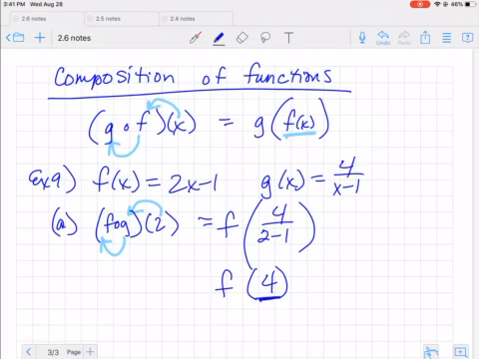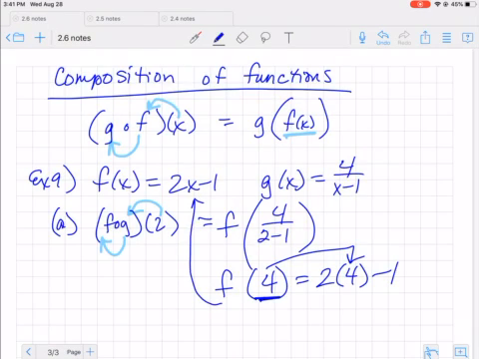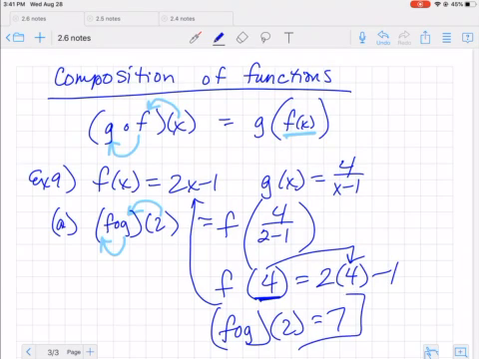You plug whatever you get out of this into your f of x function. So now I have 2 times this 4 minus 1, because that is my f function. So really, f of g of 2, when I run it through the machine, is going to give me 7, right? Because 2 times 4 is 8 minus 1. I expect you to do that in your head. So then I get 7.